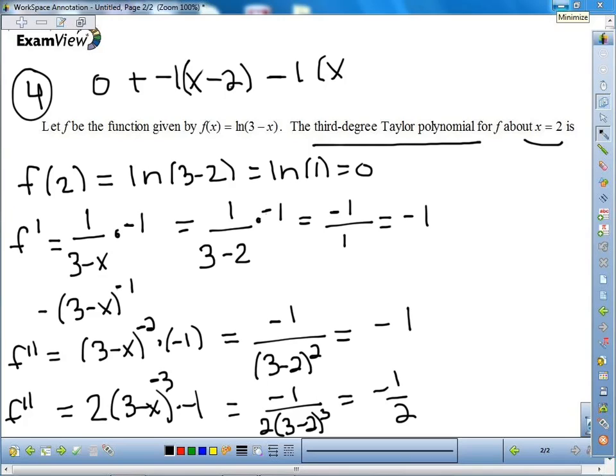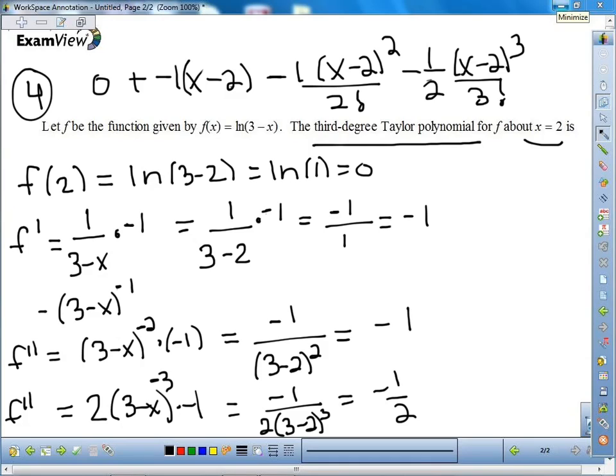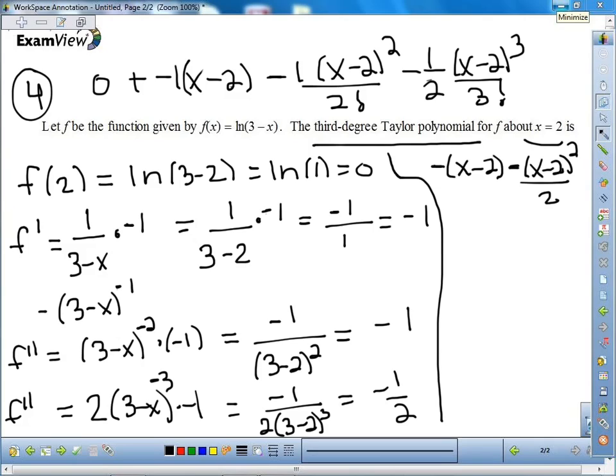Minus 1 x minus 2 squared over 2 factorial, minus 2 x minus 2 cubed over 3 factorial. So my answer is going to be negative x minus 2, minus x minus 2 squared over 2, minus x minus 2 cubed over 3. Here 3 factorial is 3 times 2 times 1.